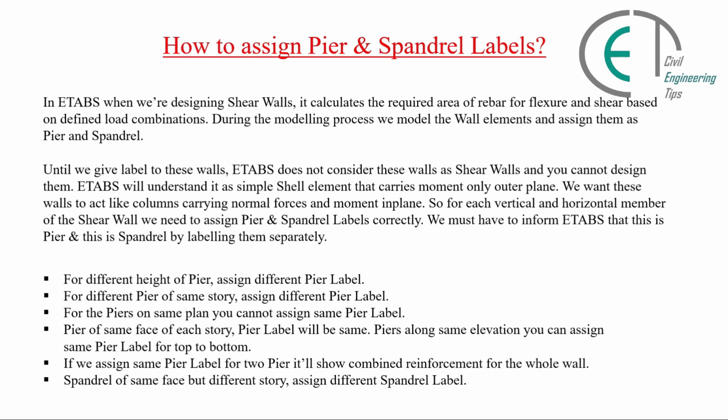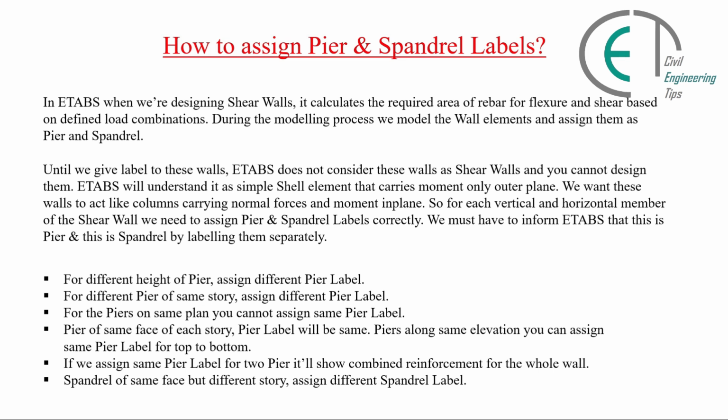ETABS will understand it as a simple shell element that carries moment only out of plane. We want these walls to act like columns carrying normal forces and moment in plane. So for each vertical and horizontal member of the shear wall, we need to assign pier and spandrel labels correctly. We must inform ETABS that this is pier and this is spandrel by labeling them separately.